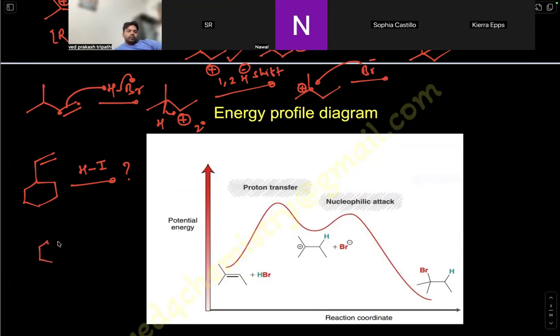Options are... which one? A, B, C, or D?